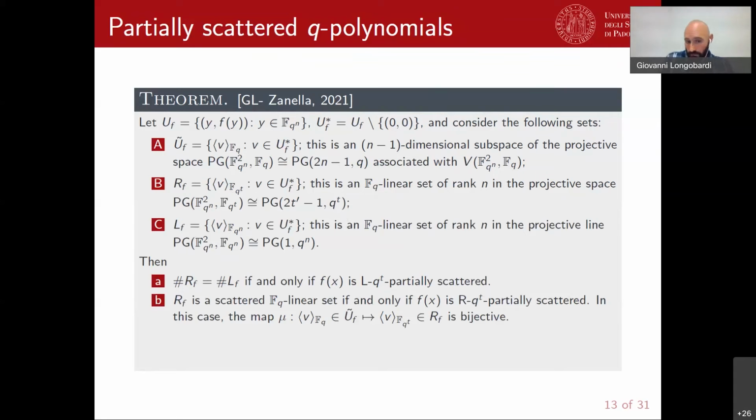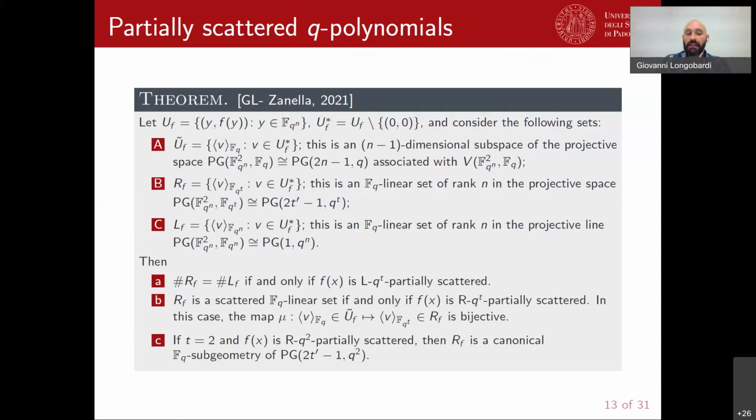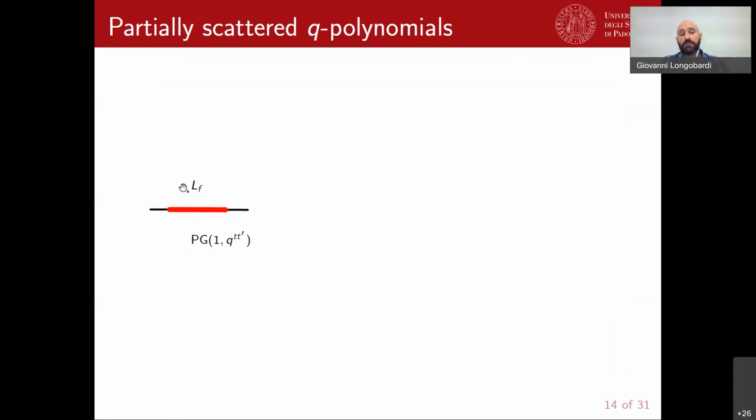R_f is scattered, of course, of rank n, if and only if f(x) is R, q^t partially scattered. And then if t is equal to 2 and f(x) is R, q^2 partially scattered, R_f is a canonical F_q-subgeometry of this space. So we obtain these three sets through the F_q-linear representation that I explained before.